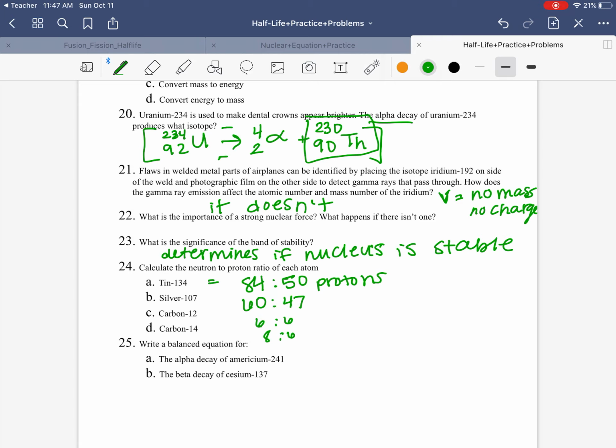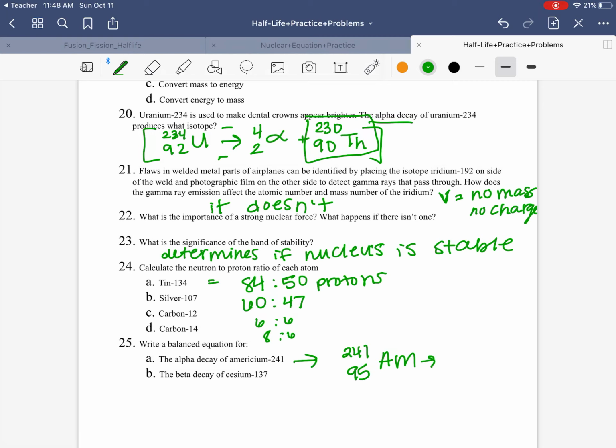Okay, so for alpha decay of americium 241, so we're going to do 241. Let's find it in the periodic table. Okay, so americium has 95 protons, and the symbol is Am.